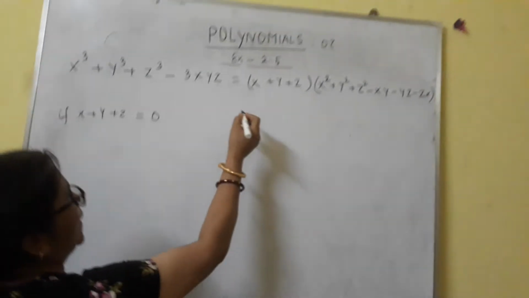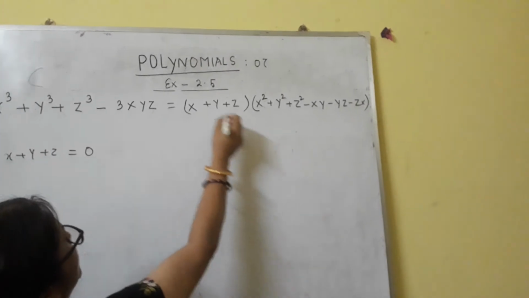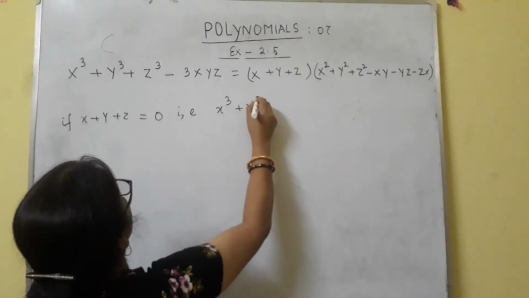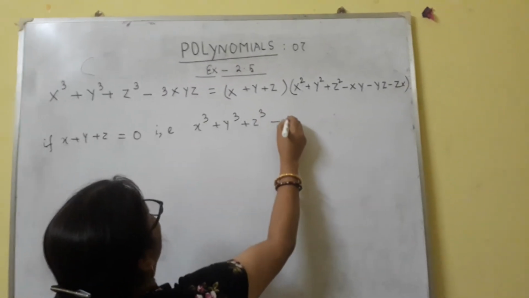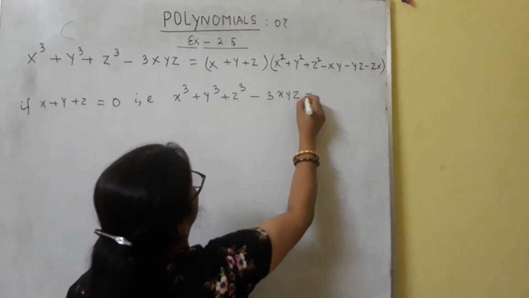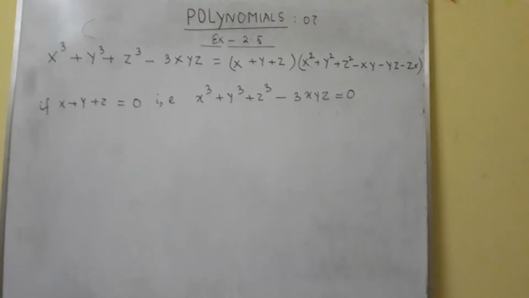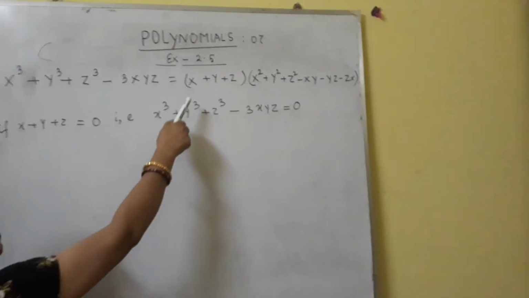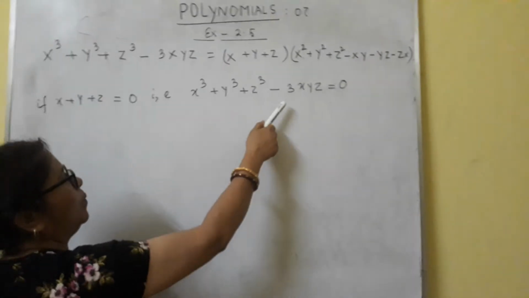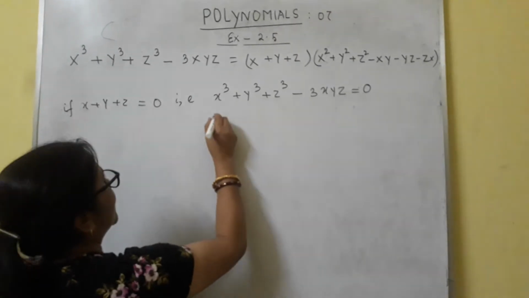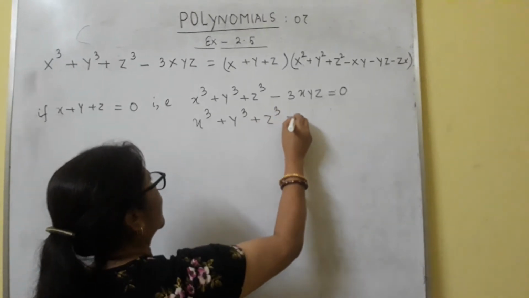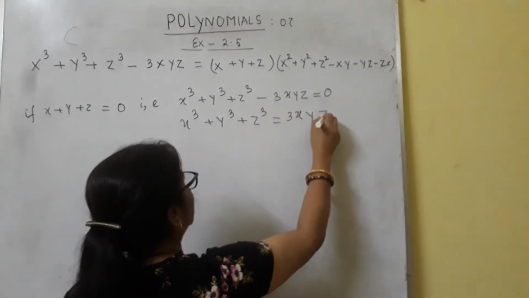Then if we multiply anything with 0, x cube plus y cube plus z cube minus 3xyz also becomes 0. So x cube plus y cube plus z cube equals 3xyz.